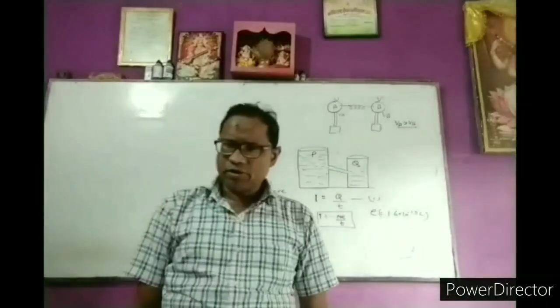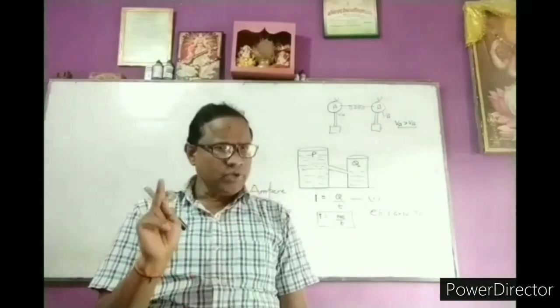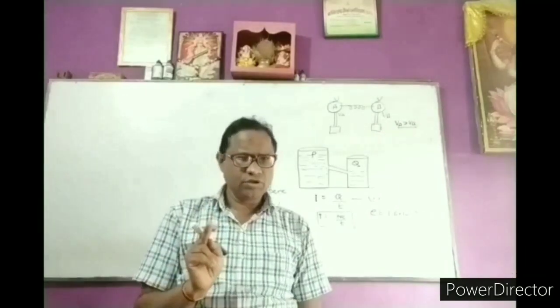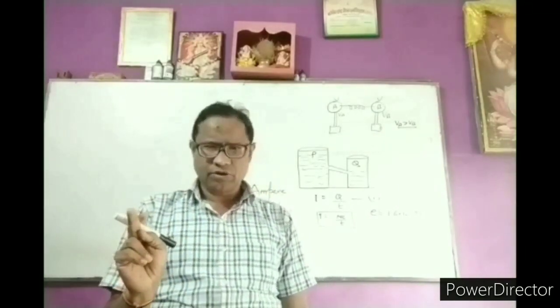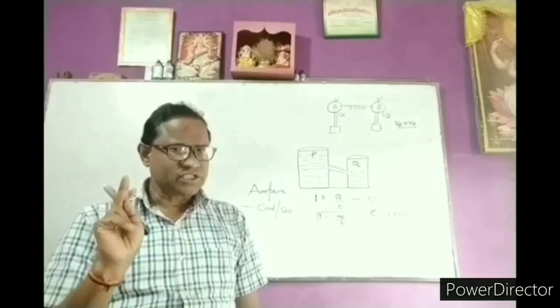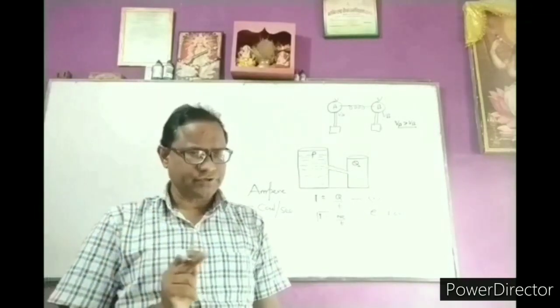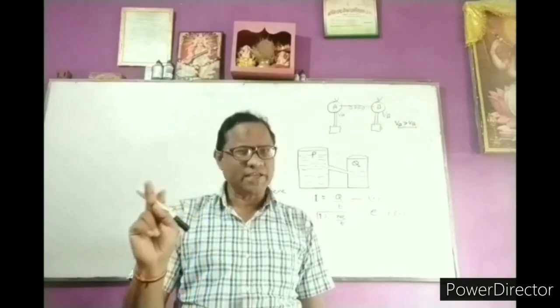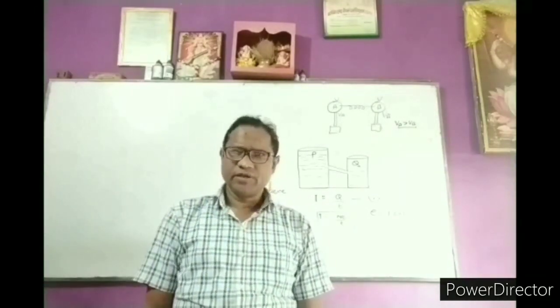I am repeating, the current flowing through a conductor is said to be of 1 ampere when the charge is flowing through it at the rate of 1 coulomb per second. Clear?